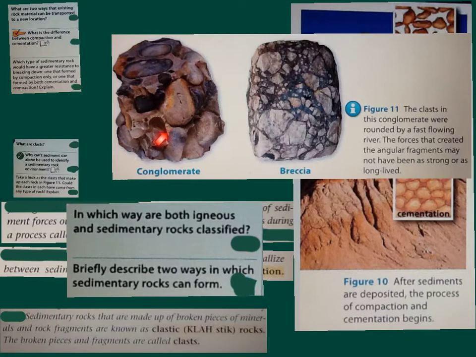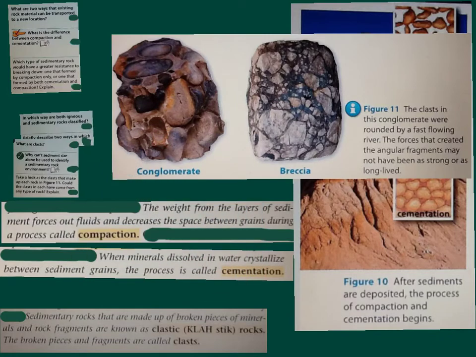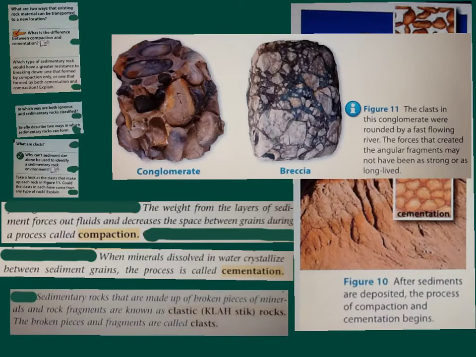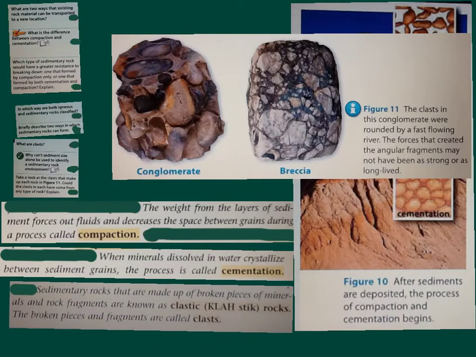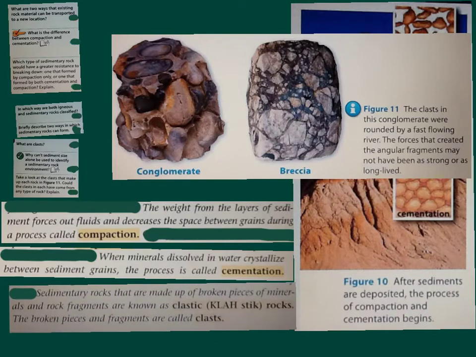The large sediment pieces were polished and rounded as they bounced along the bottom of the channel. However, the angular fragments in the breccia in Figure 11 probably weren't transported far because their sharp edges were not worn away. Sediment size alone cannot be used to determine the environment where a clastic rock formed. For example, sediment deposited by a glacier can be the size of a car or as small as grains of flour.